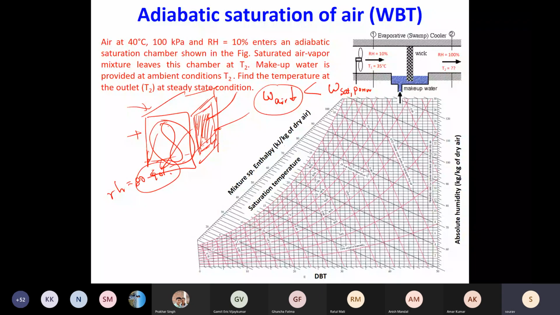But as it picks up moisture, what happens? We are saturating air. That is quite easy to understand by means of evaporation. But how do we get that thermal comfort?